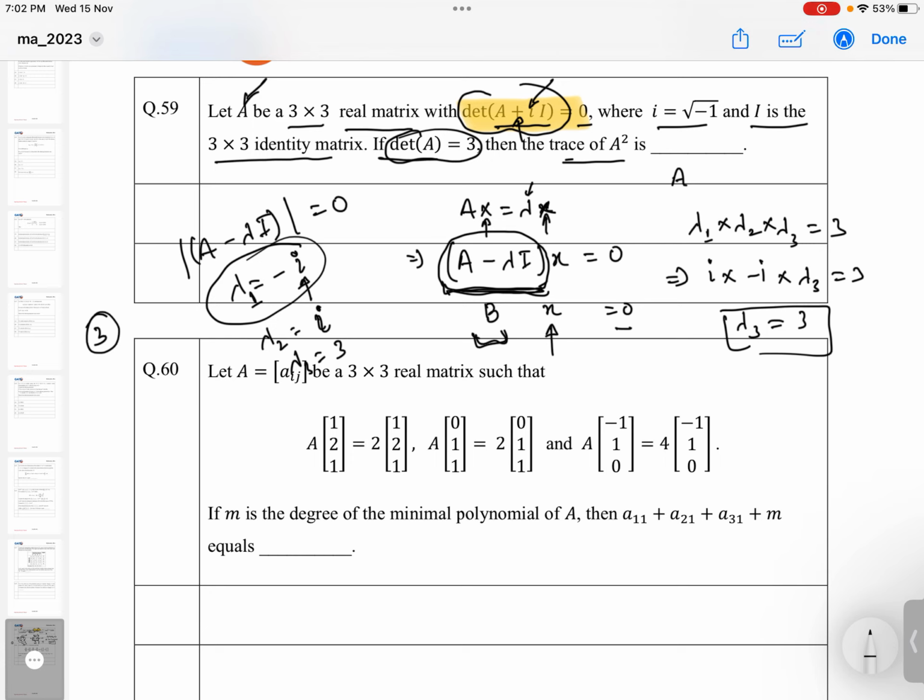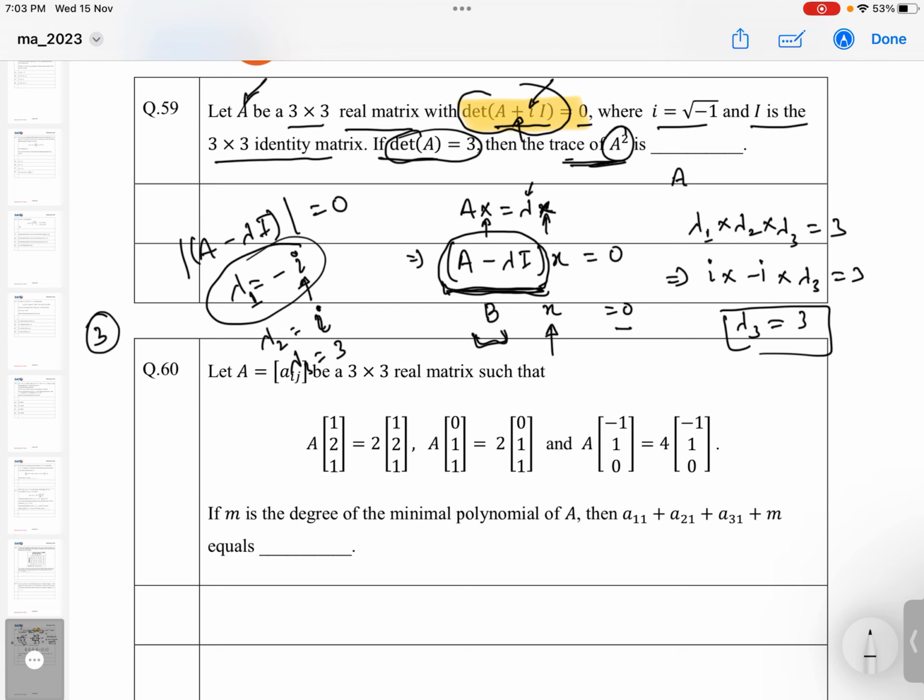Now it is asking for the trace of A square. It is not asking for the trace of A, it is asking for the trace of A square. So we will use diagonalization.